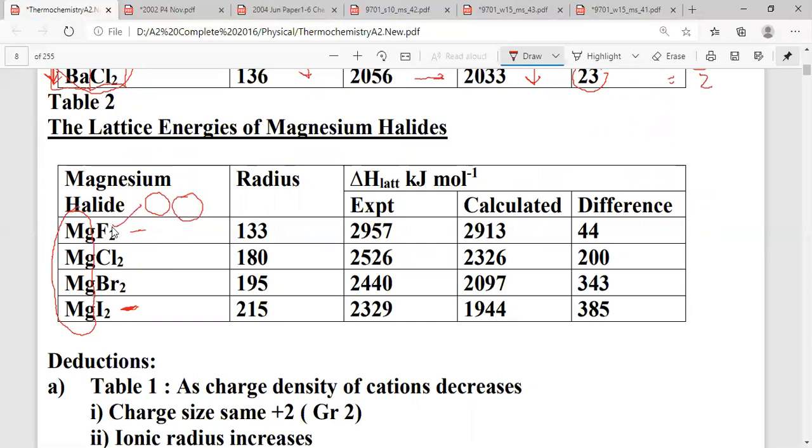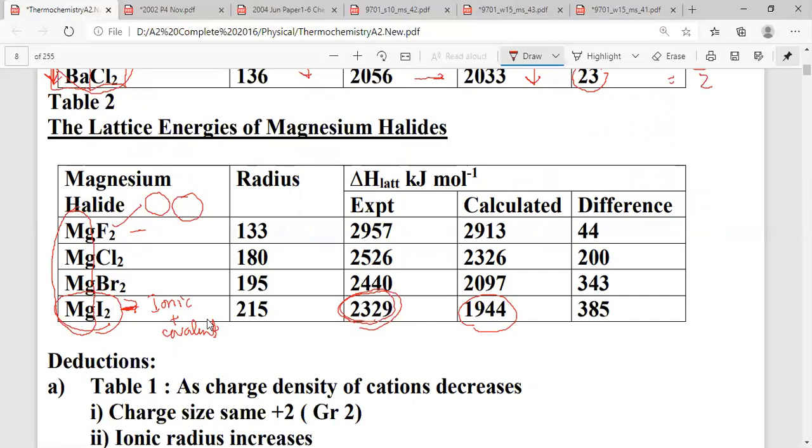Why is it most spherical? Why is this fellow different? That means this fellow here, magnesium iodide, has got some covalent character, right? That means it is more stable experimentally. In reality, it's more stable than the calculated value. Which means again, this one has got ionic bonds and covalent bonds. So nothing is ever totally ionic. Nothing is ever totally covalent.